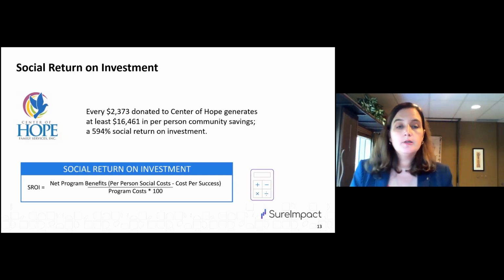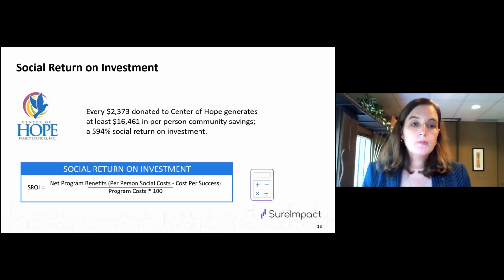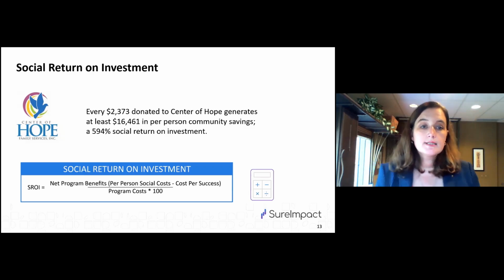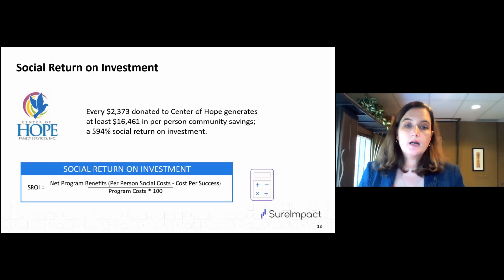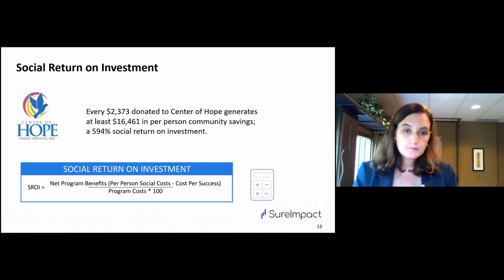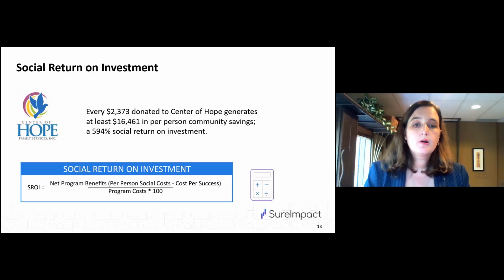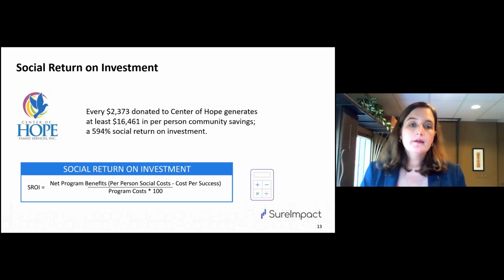The savings to the community was $16,000. So our calculation is very simple. We basically say, what is the net program benefit? So the societal cost savings minus the cost per success, divided by the program cost, times 100, that is going to give us our social return on investment.